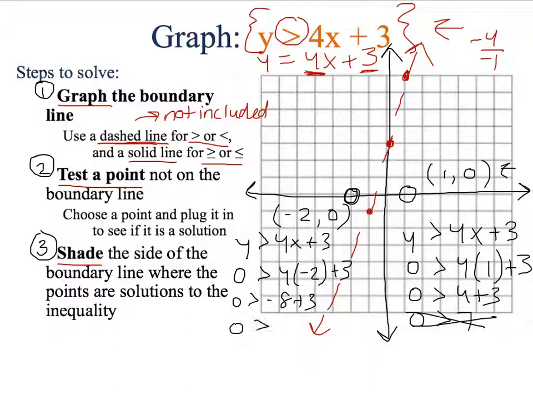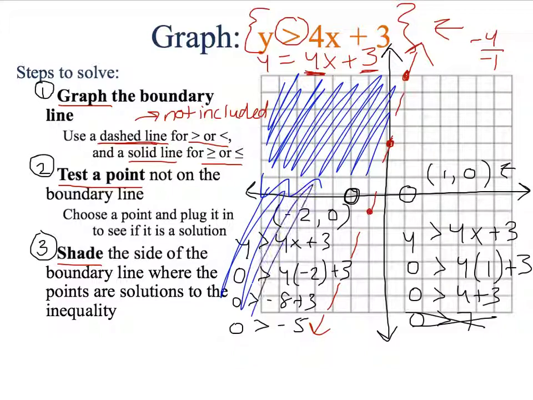We now have 0 is greater than negative 5. That statement is true. So looking back at our list here, it says shade the side of the boundary line where the points are solutions to the inequality. So this shows that this side has a solution, but this side does not. So we're going to go ahead and shade this side of the inequality.